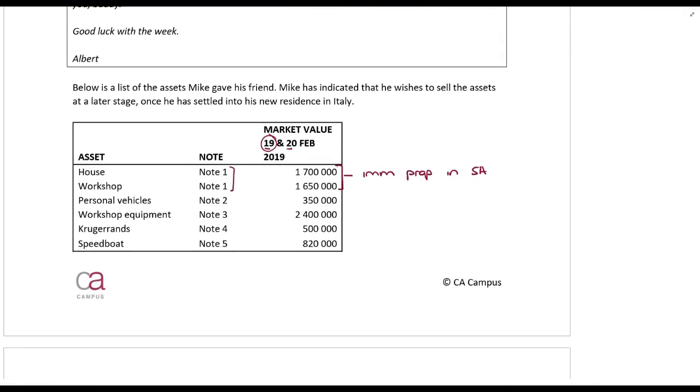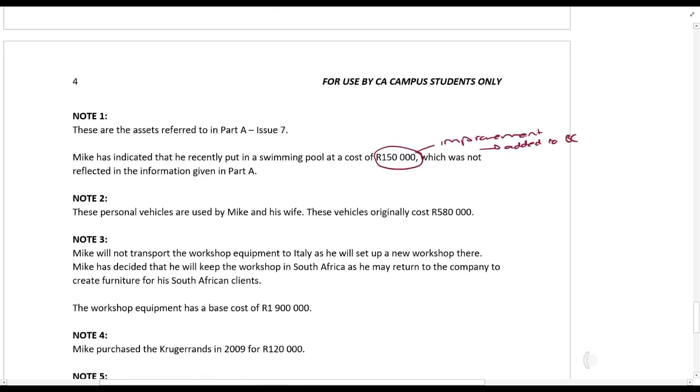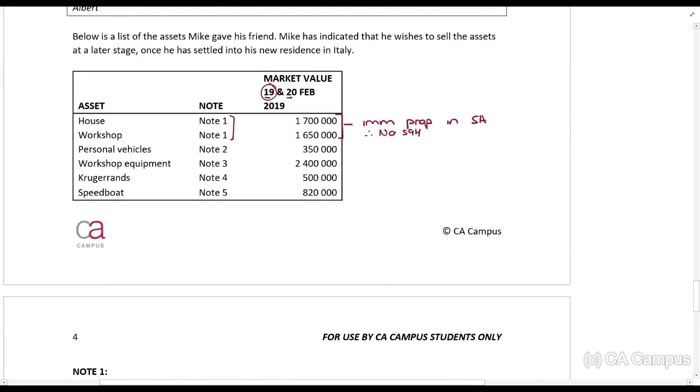So, no Section 9H. Note number 2, personal vehicle, 350,000. These personal vehicles are used by Mike and his wife. They originally cost 580. Alright, nice personal use asset. No CGT, paragraph 35.